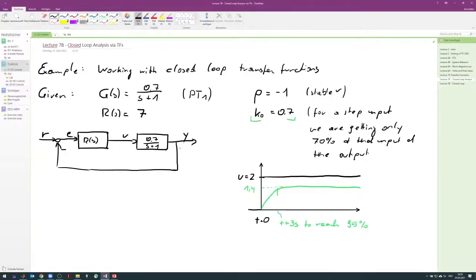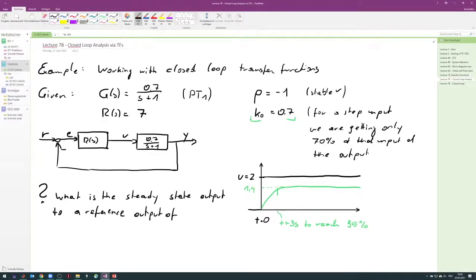So the question now is, what is the steady state output to a reference input R equal to the same step of 2?